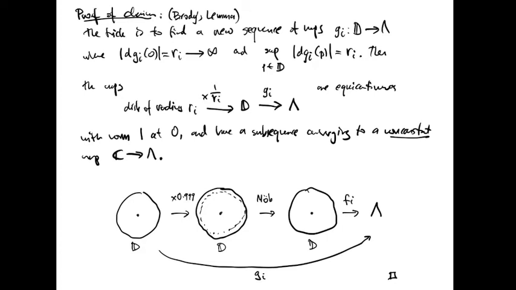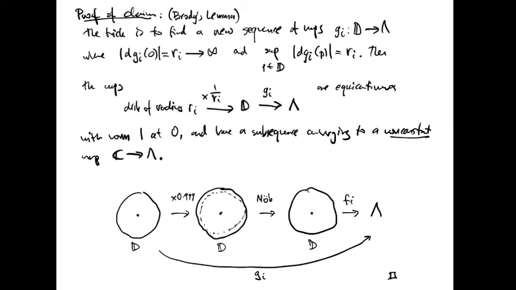The trick, therefore, is to find a new sequence of maps Gi from the unit disk to lambda, where the norm of Gi at 0 is equal to Ri going to infinity, and where the supremum of the norm of the derivative of Gi over the entire disk is realized at the origin.